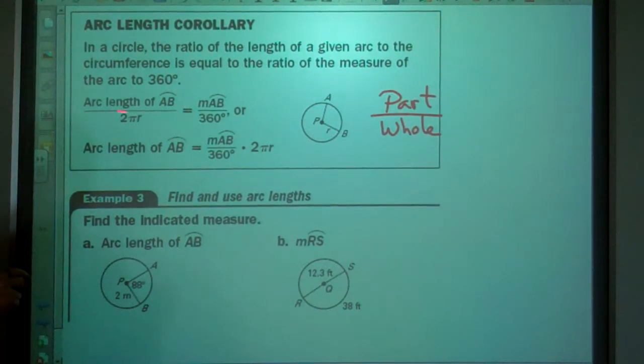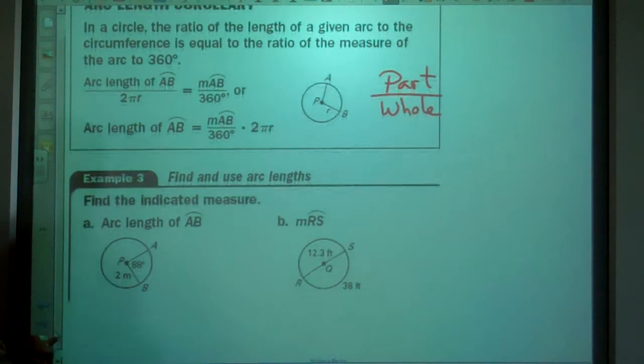So the arc length of arc AB divided by the circumference equals the measure of the arc, the angle measure here, divided by 360. Again, that would be the part, that's the whole thing. There are 360 degrees in a circle. So you can always set up your ratios and set them equal to each other.